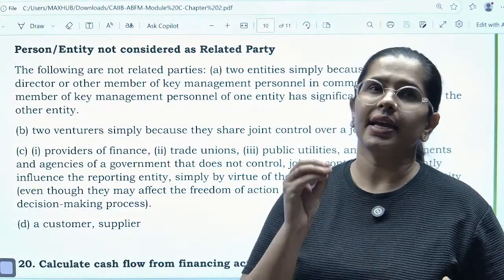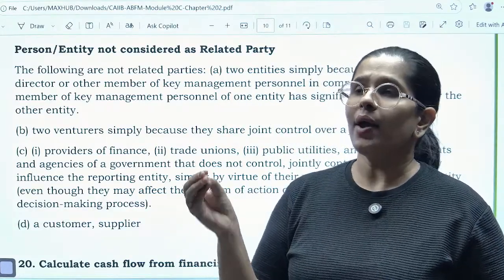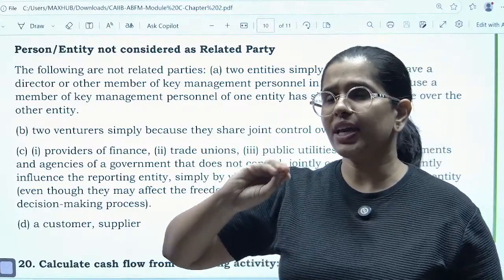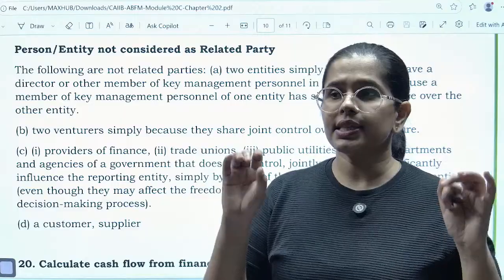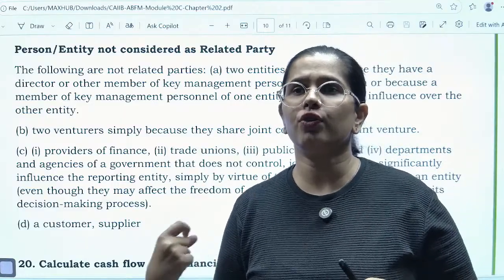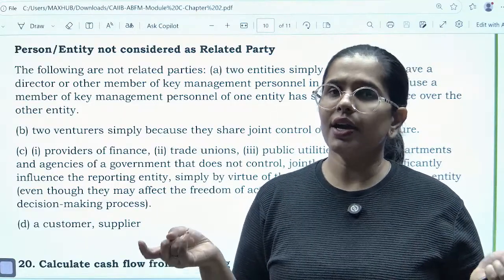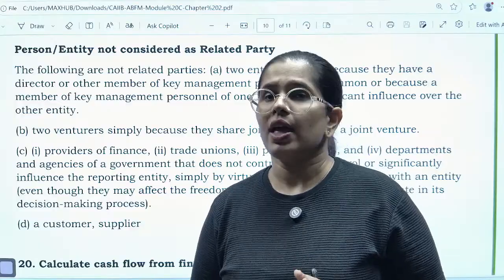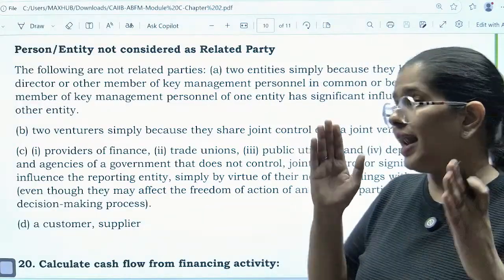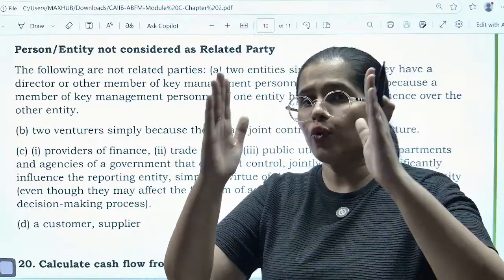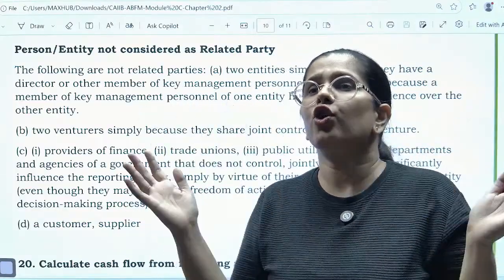Related parties in essence is when one has significant financial control over the other, right? You are exercising a kind of control over the other party, and that is why you are being called a related party. You are simply sharing joint control over a joint venture, and in this situation the two ventures do not have any control over each other.